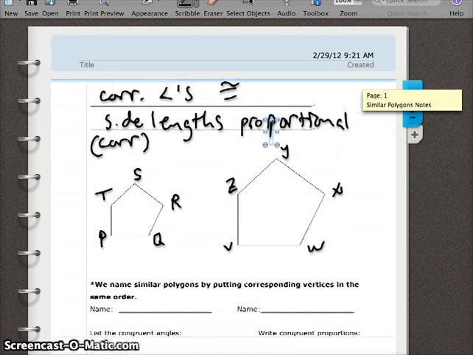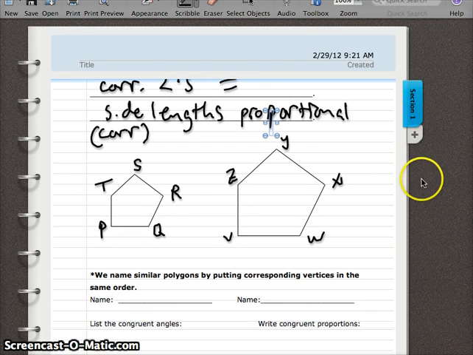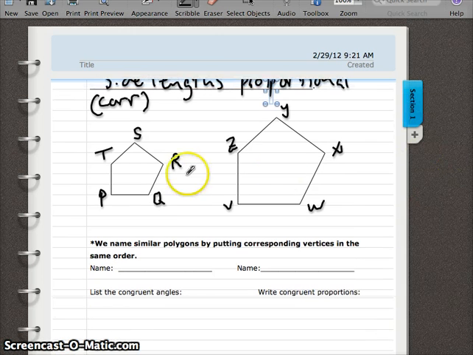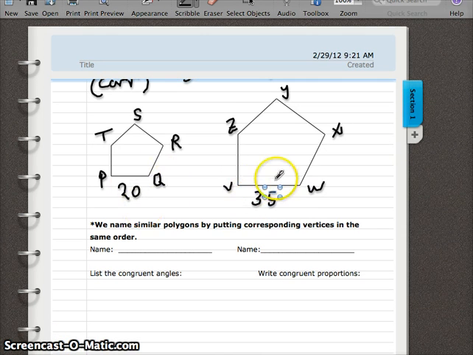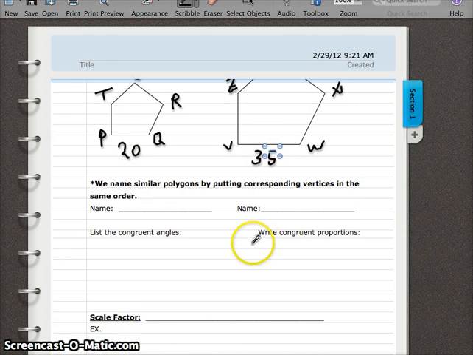So let's talk about that. What does that mean? If I compare, let's say PQ is 20 units long. Let's say that this length over here, VW, is 35 units long. If I compare these two corresponding sides, set them up as a ratio, I would get 20 over 35. Since we need to reduce ratios, I could reduce these both by 5, right?